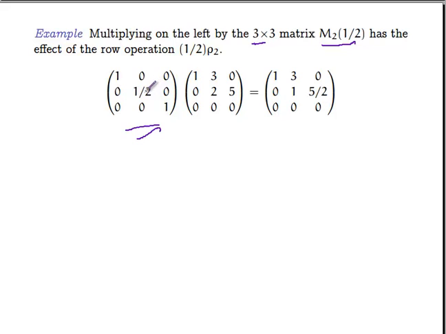Now the magical thing is that if I now multiply this matrix by another matrix, that will exactly perform the same elementary row operation on this right-hand matrix. This elementary row operation is 1/2 times the second row. If you perform this operation, you'll see that the second row here is exactly 1/2 times this second row.